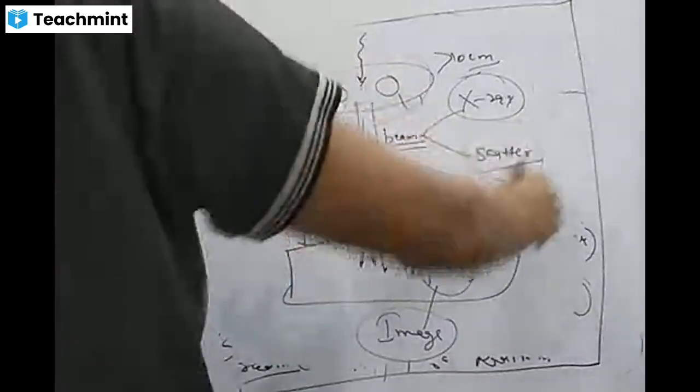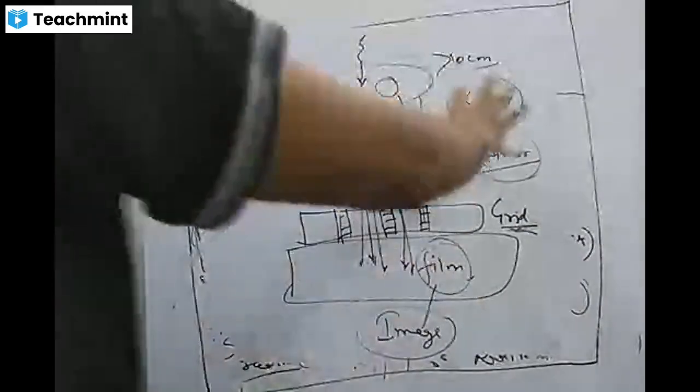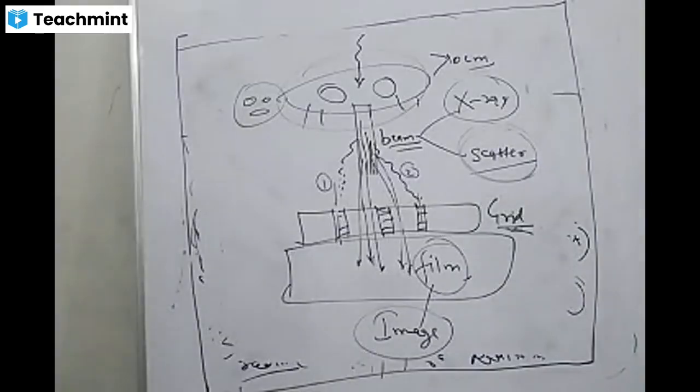In the beam we have scatter, and we absorb the scatter by the lead lines. In the beam we also have X-rays, so we do not want to absorb these X-rays. So we allow them to cross.